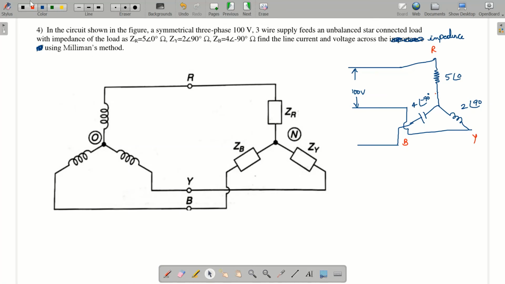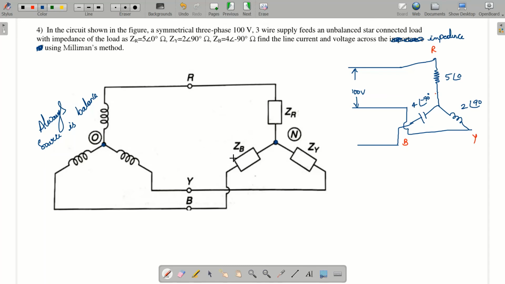We know that the source is always balanced. We will consider the source balanced, and depending upon the load connected, it may be balanced or unbalanced. So I am considering the neutral of the source as O and the neutral of the load as n.